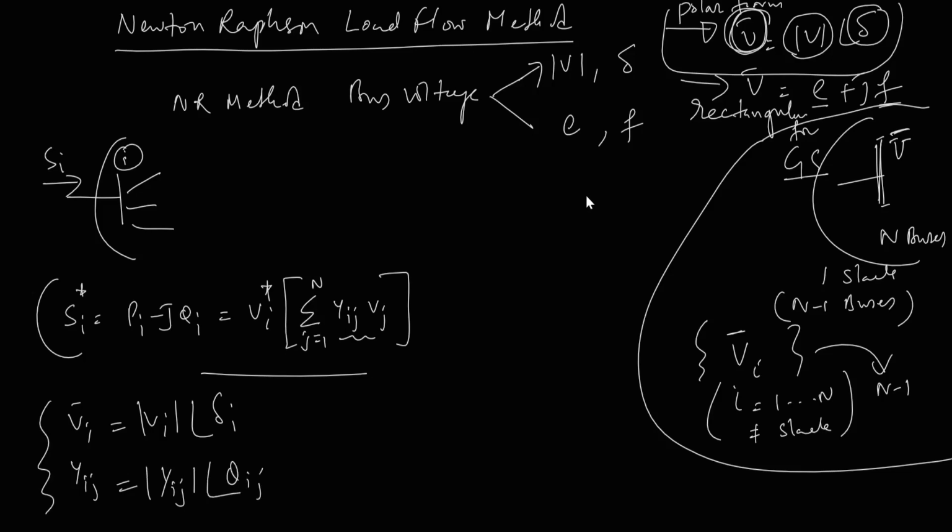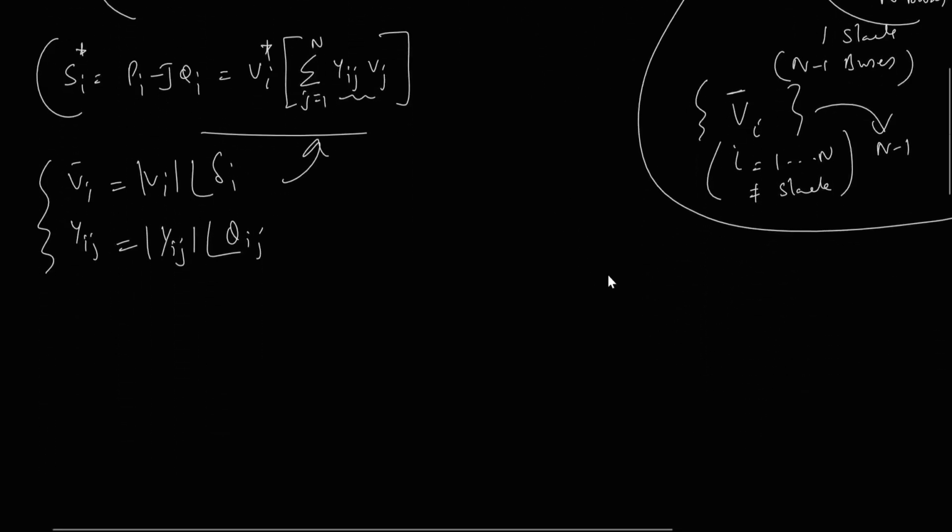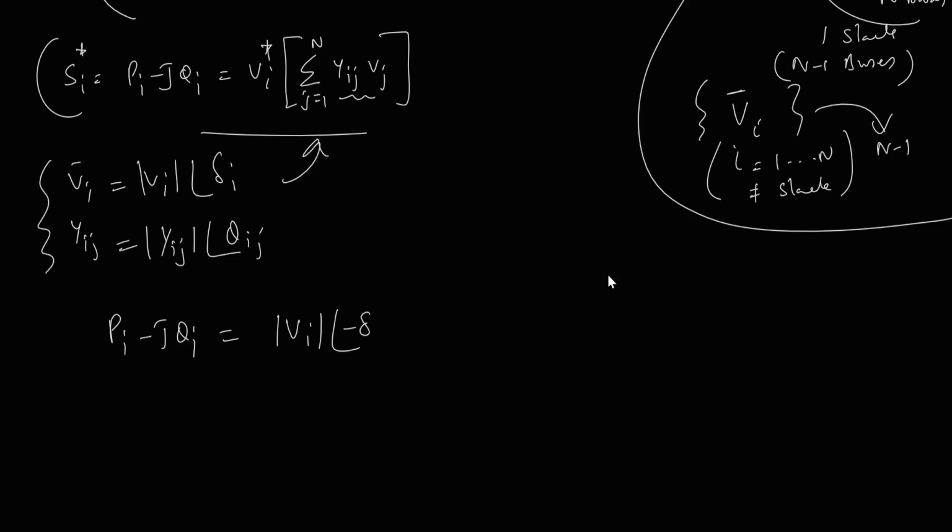If I substitute these in this equation, I will have Pi minus jQi equal to Vi conjugate, that is Vi magnitude at an angle minus delta i, multiplied by the summation j equals 1 to n of Yij magnitude at an angle theta ij into Vj magnitude at an angle delta j.